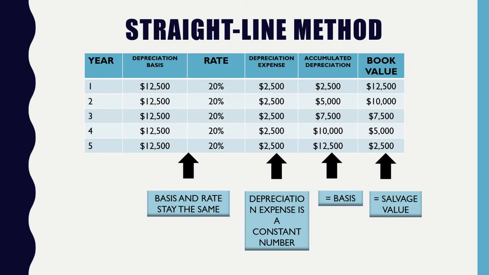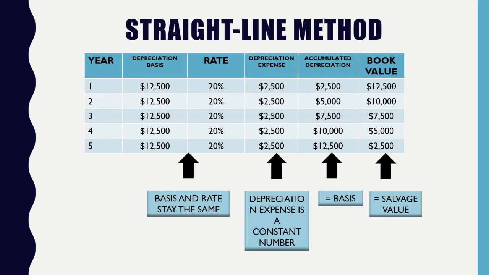And notice this: at the end of the 5th year, the accumulated depreciation should equal your depreciation basis. And once again, your book value should equal salvage value. So when we realize that we have this trend, we solve for one row, then the second row, and then the third row, which are all identical.